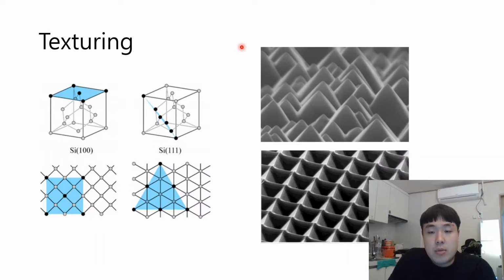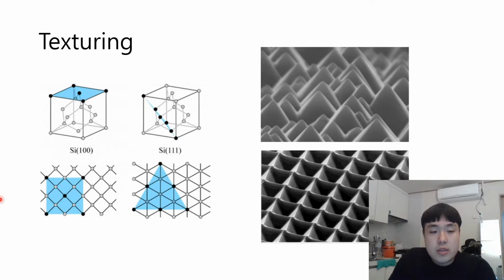Let's talk more deeply about the texturing. This is the silicon diamond structure. The first is the 100 surface of the diamond structure of silicon, and the next is the 111 surface of the silicon diamond structure. Why did I choose these two figures? It is mainly because of the surface density.